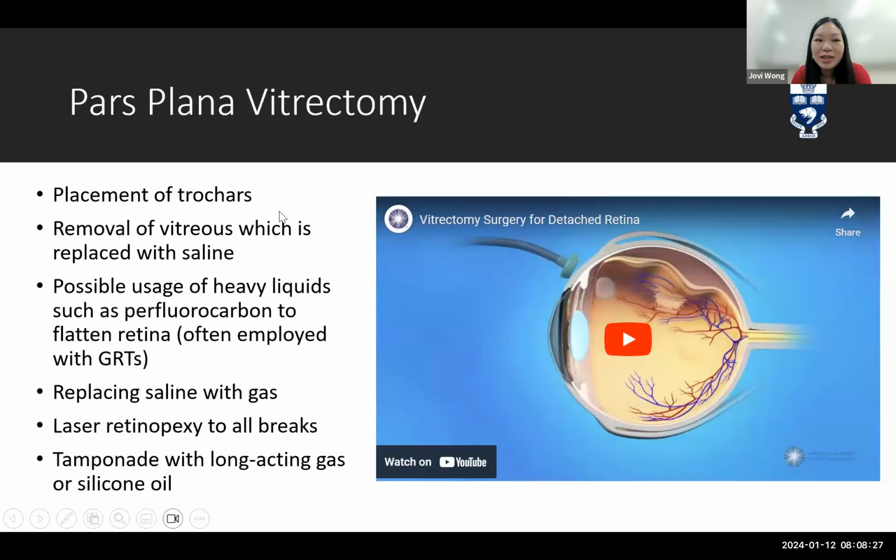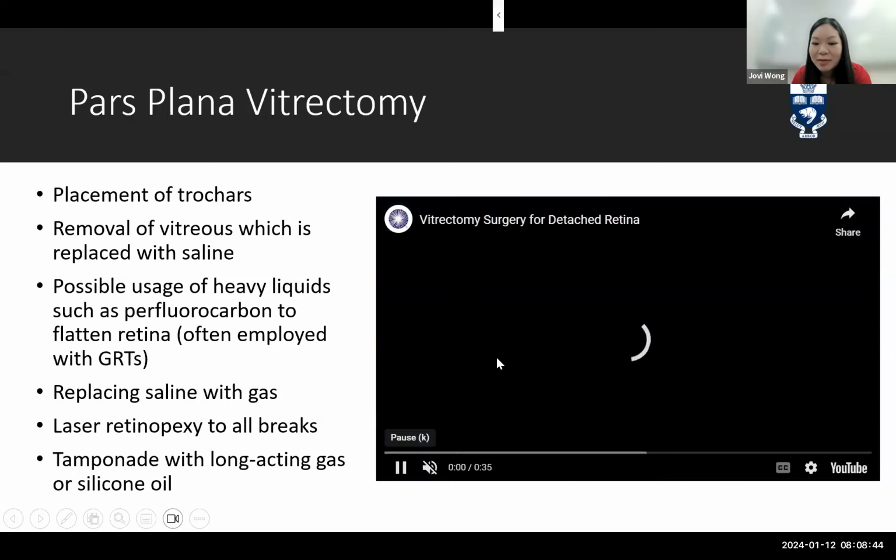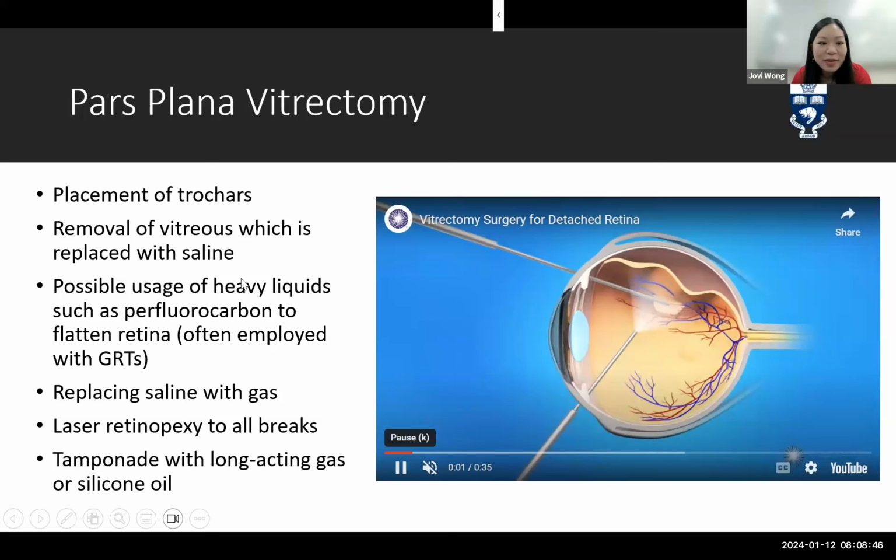So then we're moving on to the most common method of repair for rhegmatogenous retinal detachment, and this is the pars plana vitrectomy. For those who don't know the steps of this procedure, we have this helpful video from the AAO. First, we have placement of trocars into the eye, and then we remove the vitreous, which is replaced with balanced salt solution.